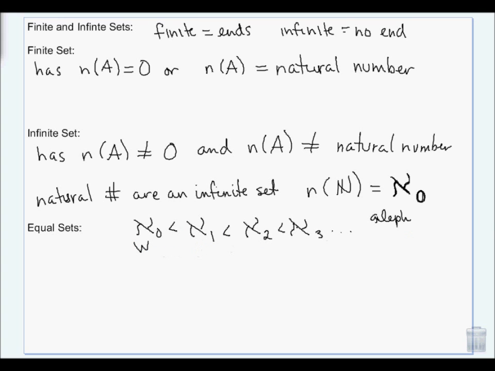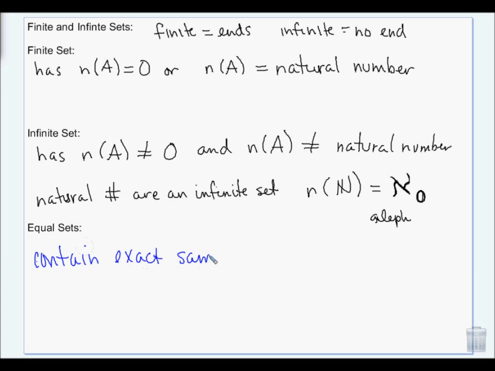Equal sets are not the same as equivalent sets. Remember we talked about a quarter being equal to a quarter. So sets are equal if they contain the exact same elements. Basically, you'd have to have the same formula, the same equation for each one, like A and B have to have the same equation for them to be equal sets.